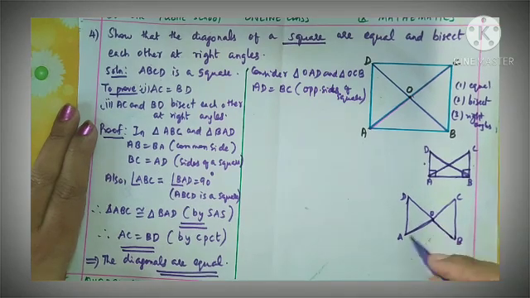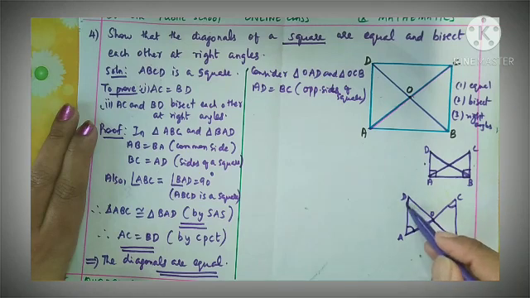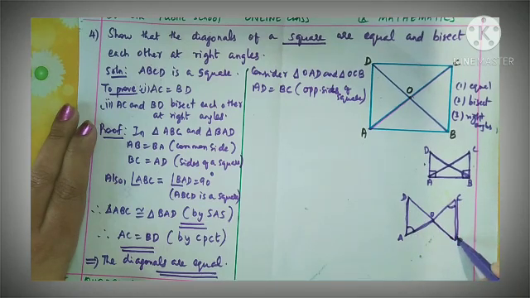Now I said, what about these angles OAD, this angle, and OCB, this angle? Because the two opposite sides are equal in a square, we can say a square is a parallelogram also.